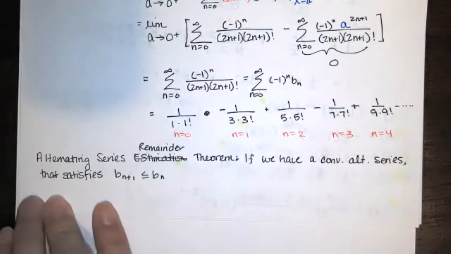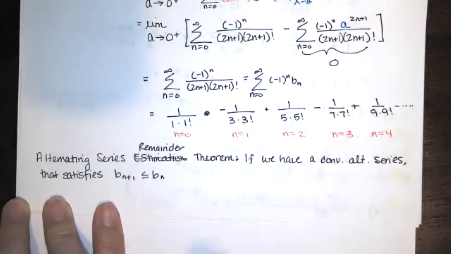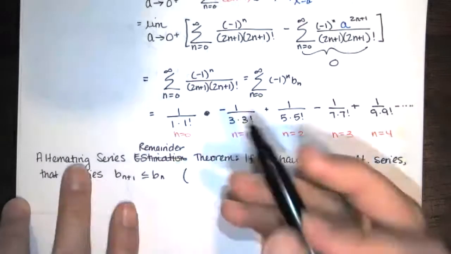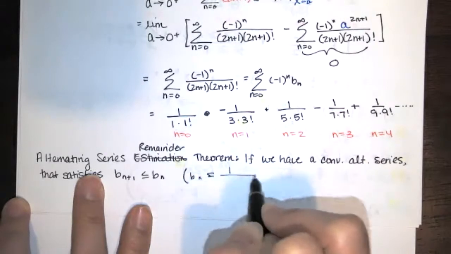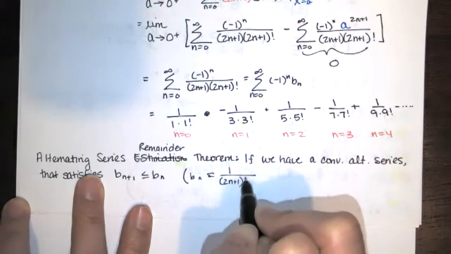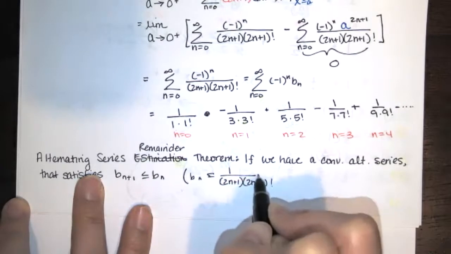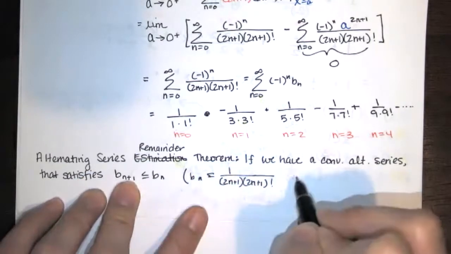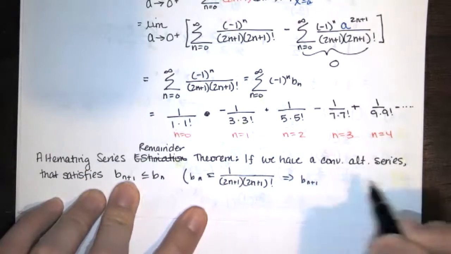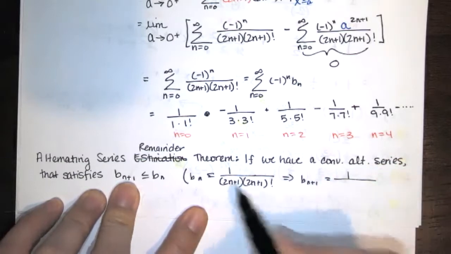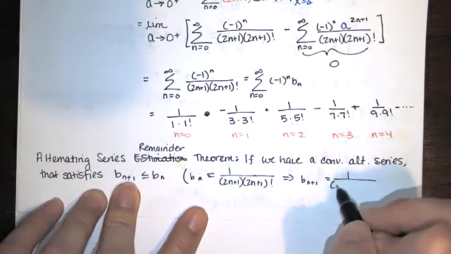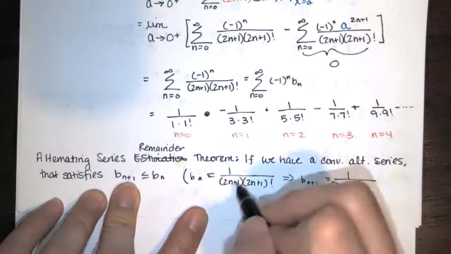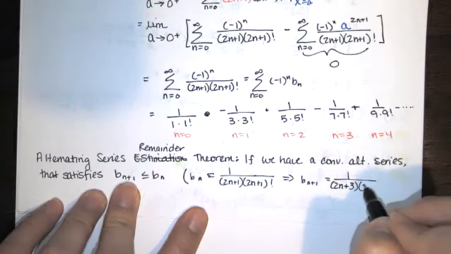If that's satisfied, and it is for this, in our case, b sub n is equal to that, which means that b sub n plus 1 is equal to this. If I replace n with n plus 1, I'll have n plus 1 times 2 is 2n plus 2, plus another 1 is going to be a 3.